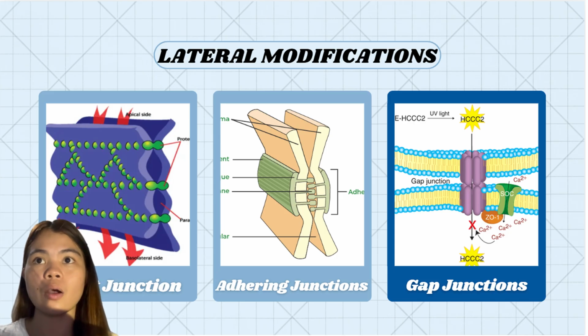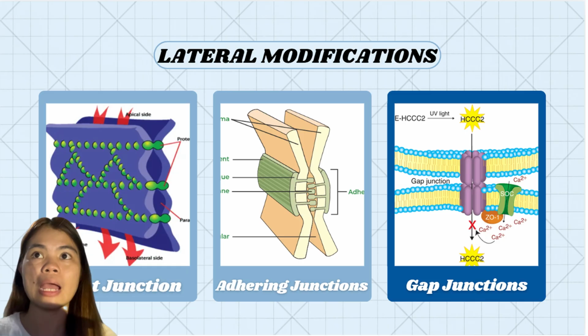It creates a watertight seal between two adjacent animal cells. Function is to keep liquid from escaping between cells, allowing a layer of cells to act as an impermeable barrier. Cells are held tightly against each other by many individual groups of tight junction proteins called claudins.